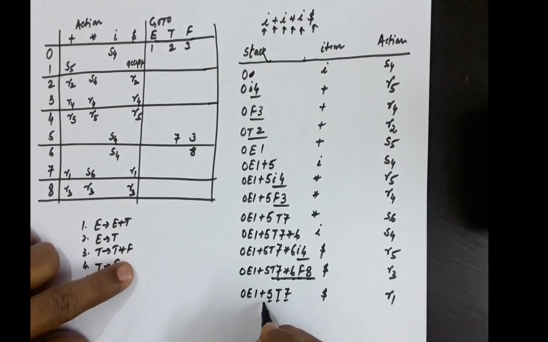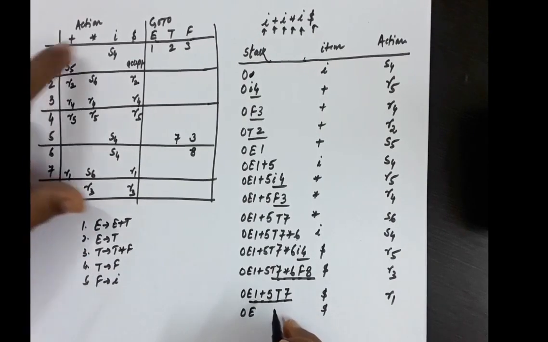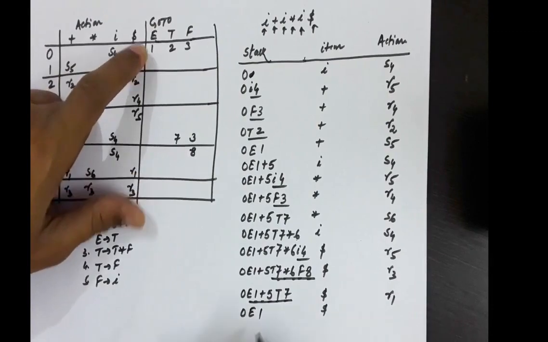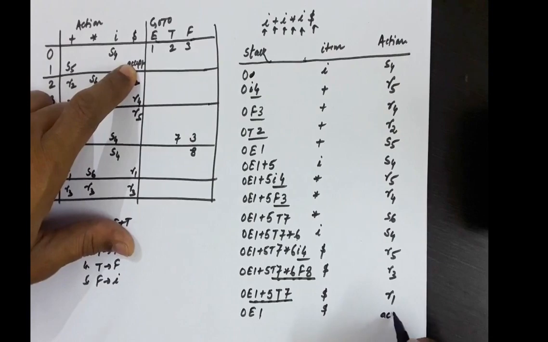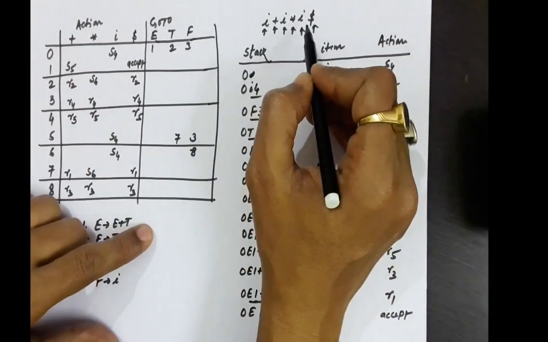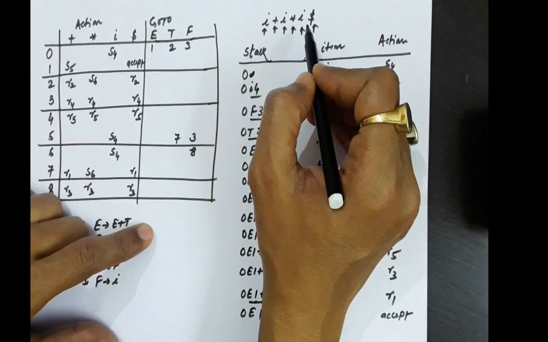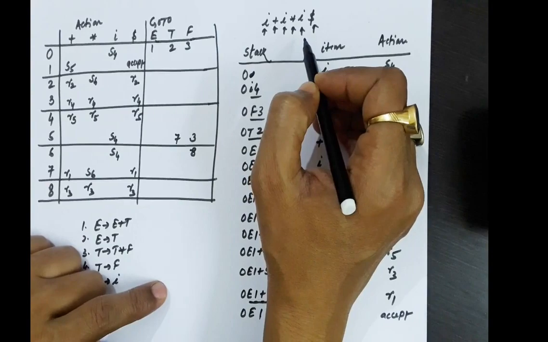So 1, 2, 3, 4, 5, 6 symbols from the stack will be converted to the left hand side of the production, that is capital E. So 0 capital E. Now 0 capital E is 1, and you know that $1 is accept. So this string has got accepted. That means that it is according to the rules set by the grammar.